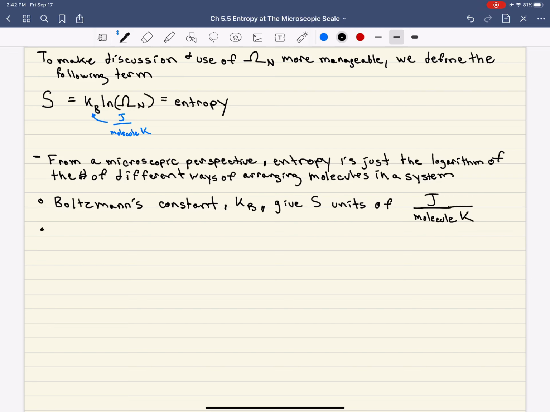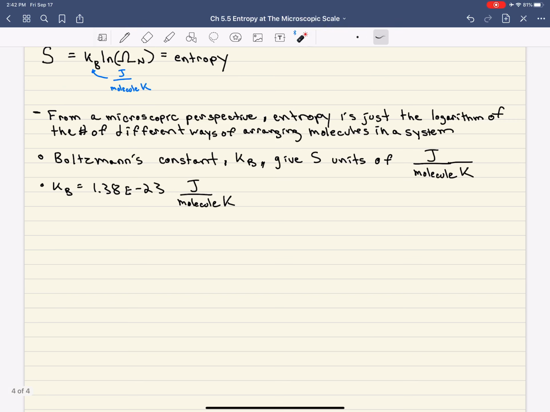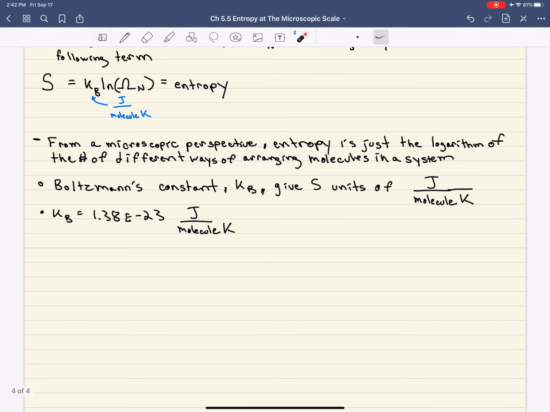Boltzmann's constant, if you don't remember, is 1.38 times 10 to the negative 23 joules per molecule per Kelvin. Right? And so this is a per molecule number. So this is the entropy, this equation that we're seeing here is the entropy for arranging one single molecule in our system.